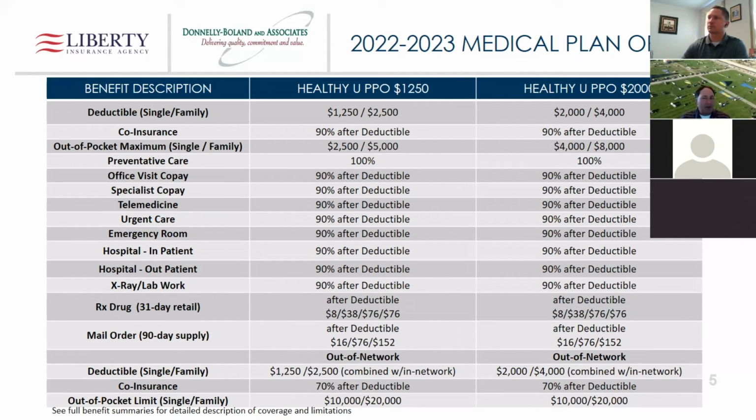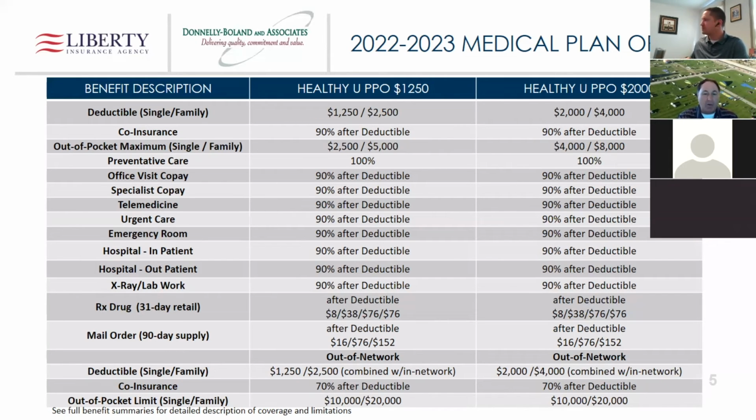Any questions on the Healthy U plans? And can you talk a little bit about, we had a question come in about the difference between the deductible at the top, the out-of-pocket maximum, and then down at the bottom, that out-of-pocket limit? Okay, great. The deductible up at the top is your deductible if you're utilizing a UPMC provider or an affiliated contracted provider.